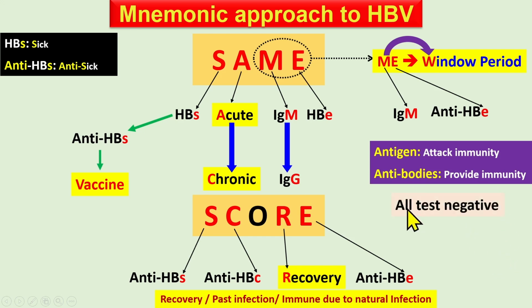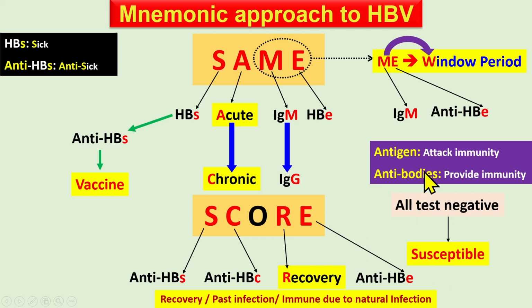So, if all the tests are negative, what does that mean? There's no exposure to the virus and there is no immunity. It means he is not vaccinated, he has not yet been exposed to the virus, and he has no immunity at this time, so the patient is susceptible.